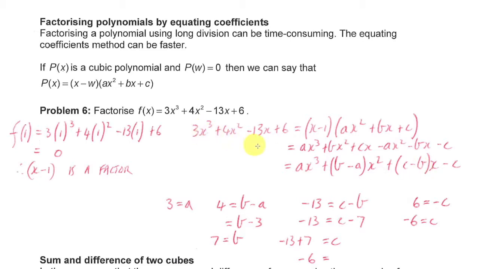So 3 is going to equal a. So I know that a is 3. 4 is going to equal b minus a. And I can now go through, substitute negative 3 into it to produce that b is 7.